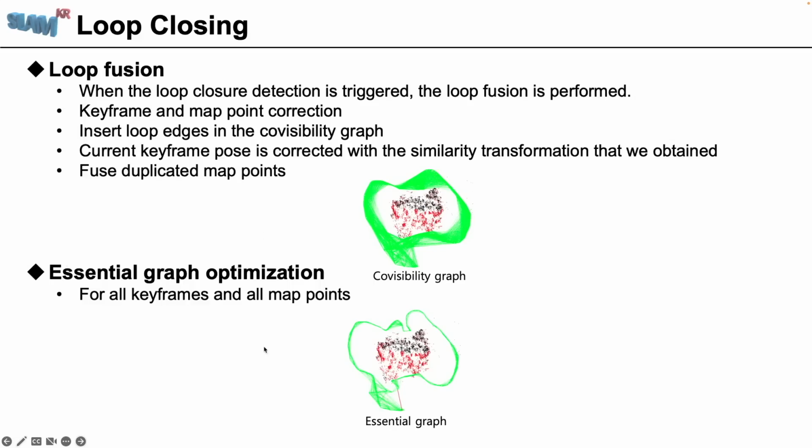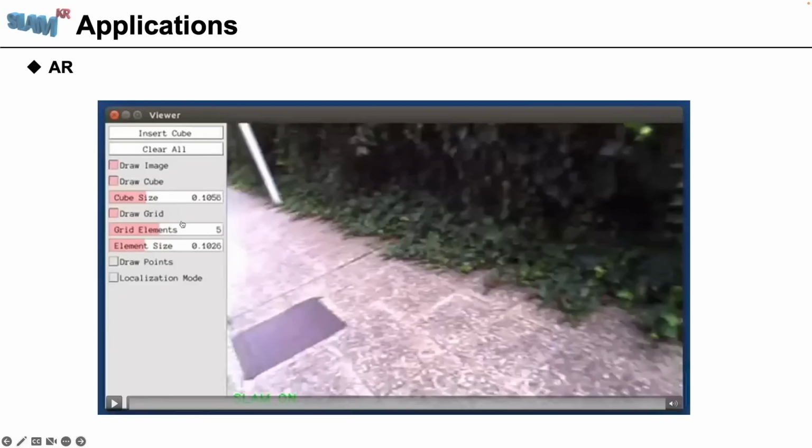And lastly, the essential graph optimization and global bundle adjustment would be performed, and it will correct all those positions of map points and refine all those camera poses in the scene in one iteration. So those are the main flowchart of the ORB SLAM system.